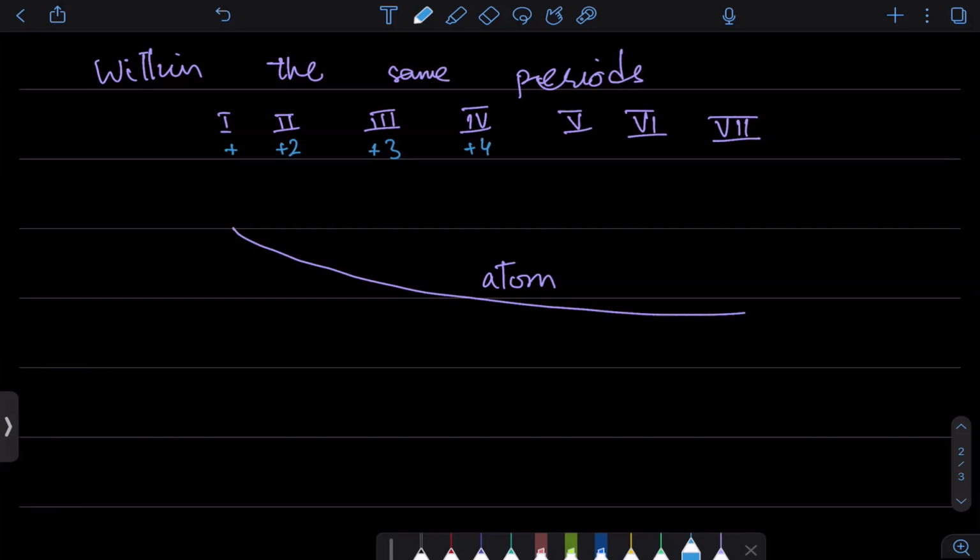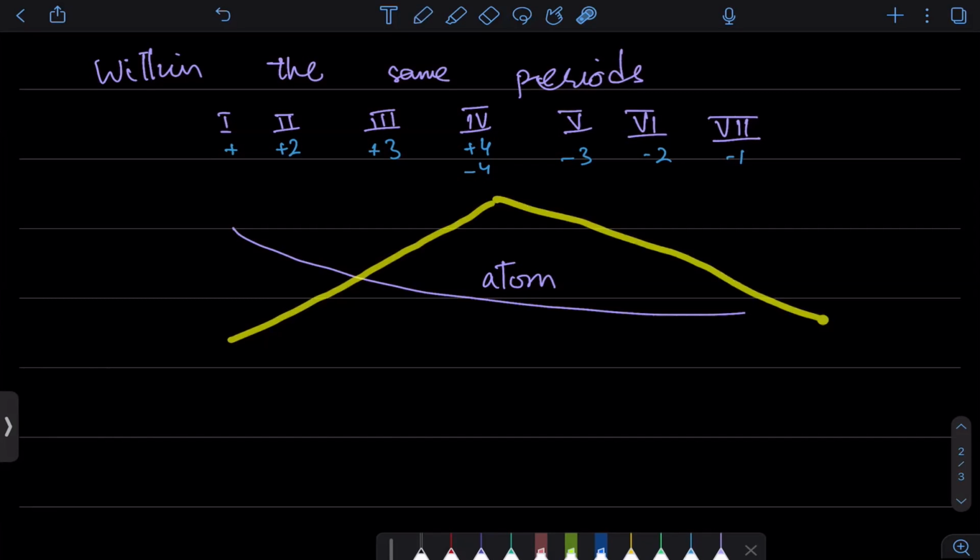And anions के charges -4, -3, -2, -1. Not only are the atoms going smaller, the trend in charges is changing. The charges are increasing in this case and they're decreasing in this case. ठीक है? जिसका मतलब है कि the size of the atom or ion will not change in the same pattern.